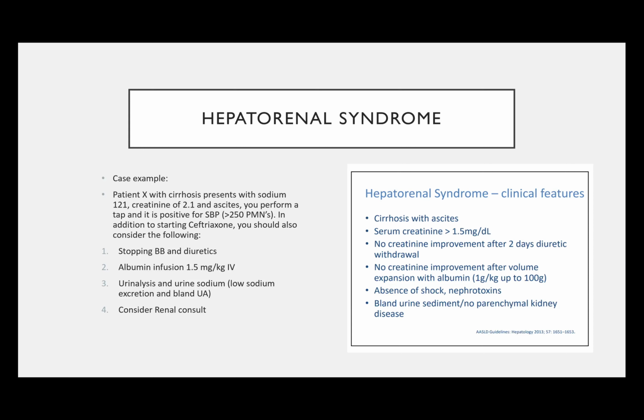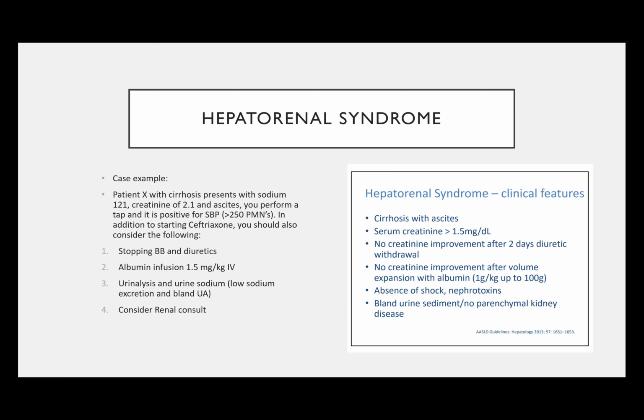So you're going to see hepatorenal syndrome specifically in cirrhotics that have ascites. Okay, so I want you to think about HRS and link it with ascites. And whenever you're managing ascites, I always want you to think about HRS, okay? You should think about it when the serum creatinine is more than 1.5.